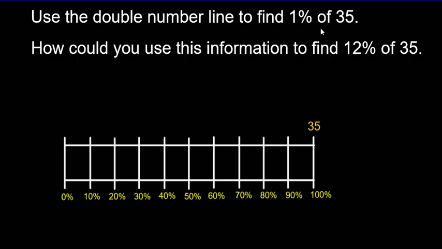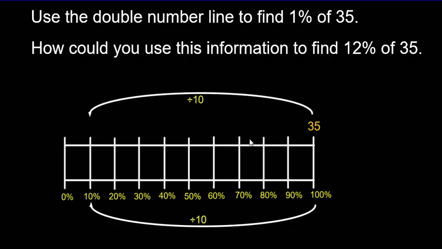So, in order to find 1%, the first thing we think of again is how to get to 10%. 100% divided by 10 equals 10%. So we can take 35 divided by 10 to get 10% of 35, which is equal to 3.5, or 3 5/10.